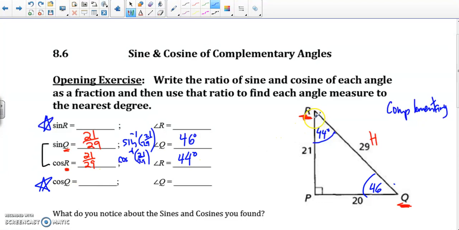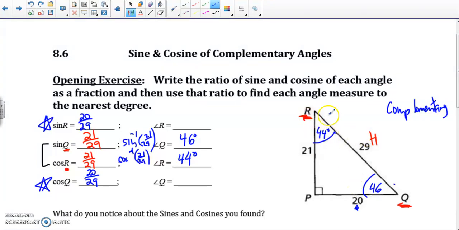So we'll look at sine of R. Sine is opposite over hypotenuse. So the sine of angle R is 20 over 29. And the cosine of Q, cosine is actually adjacent over hypotenuse. That's also 20 over 29. So, it makes sense.